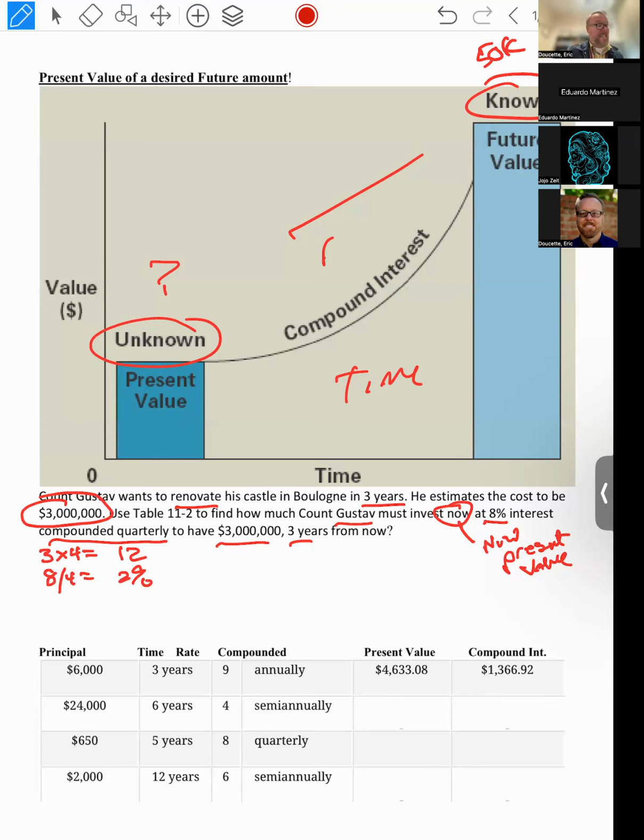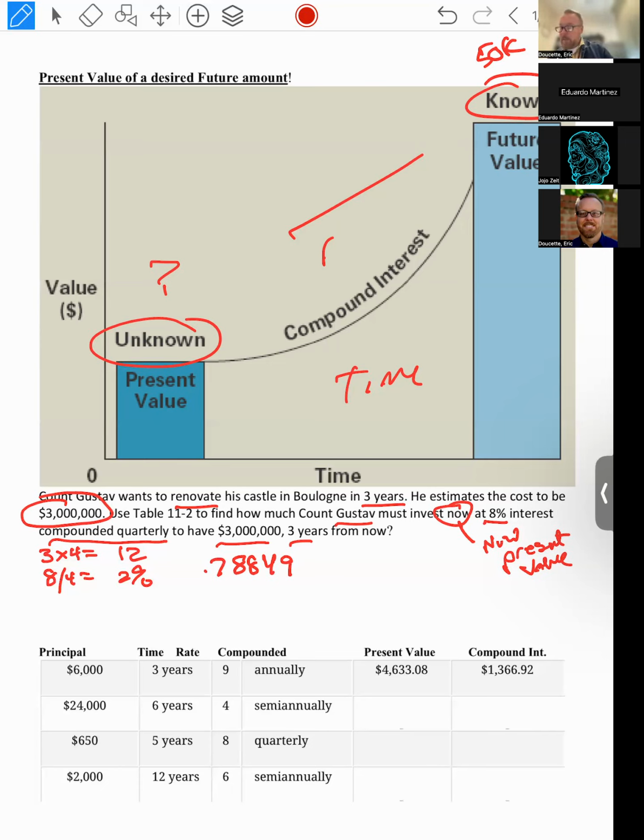Well, in this case, I'm going to go to table 11.2, and I'll show you that here in a minute. But table 11.2 is also found on page 355 of your book. And if I come down to 12 periods at 2%, my table factor is 0.7849. Notice it's less than 1, and that's because it is going to be a lower value.